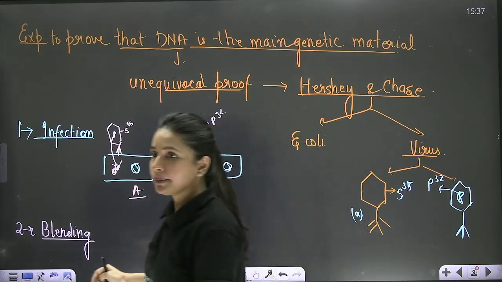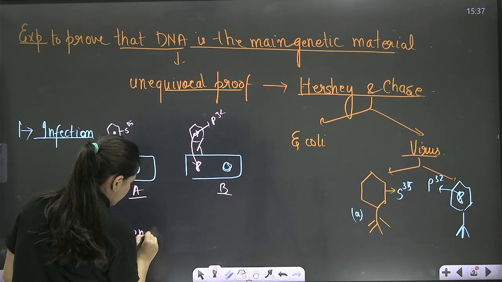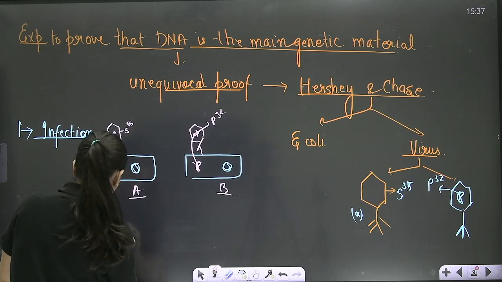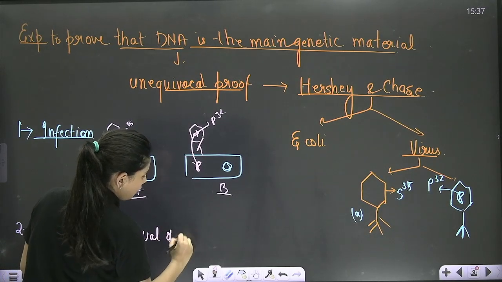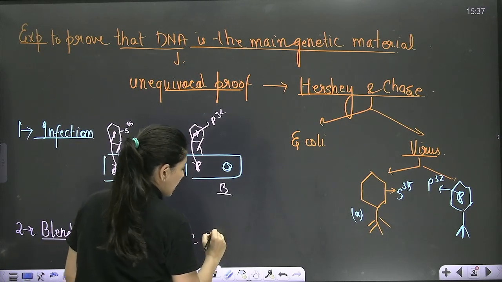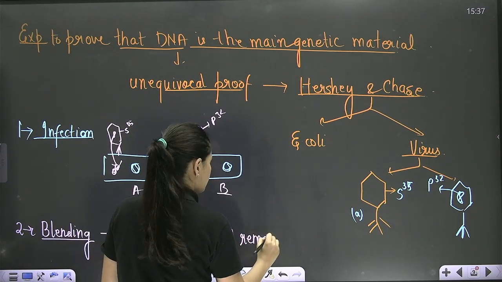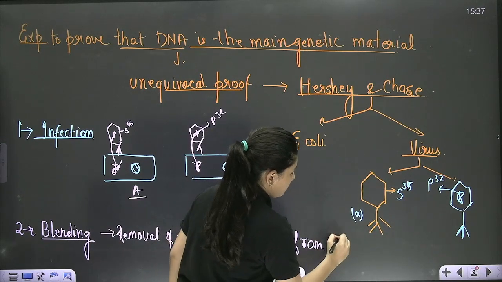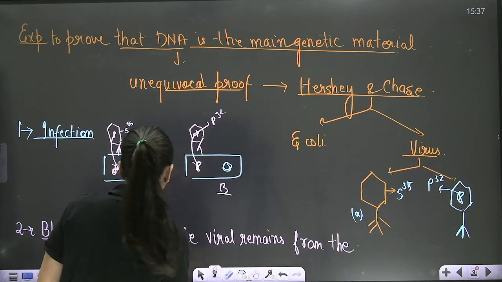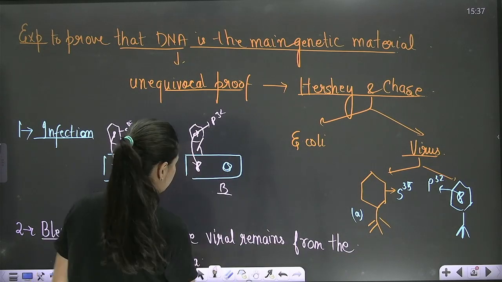So blending means what? Basically, beta, blending means removal of the viral remains from the bacteria.